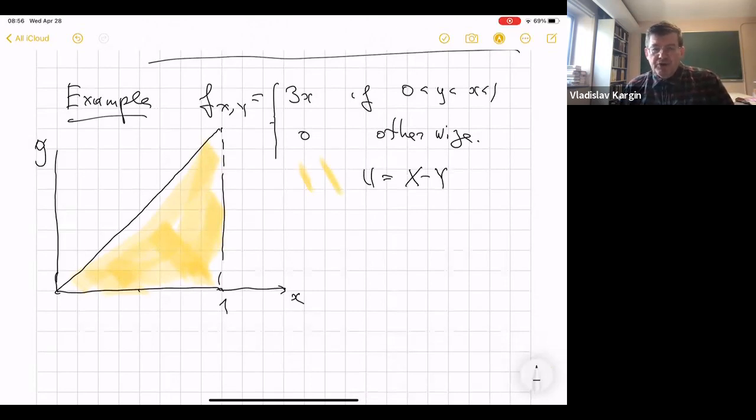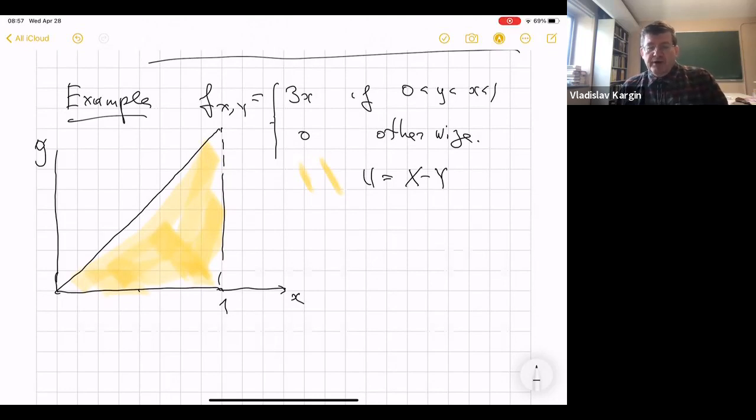Our interpretation was that x is the beginning amount of some material, for example gasoline in the beginning of the day, y is the amount of gasoline used, and u is the remainder at the end of the day.